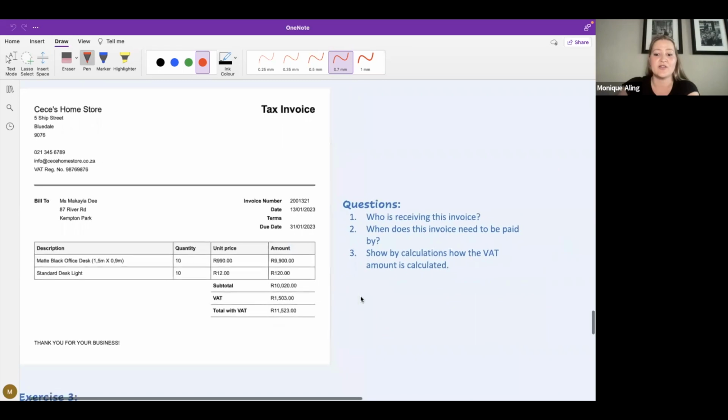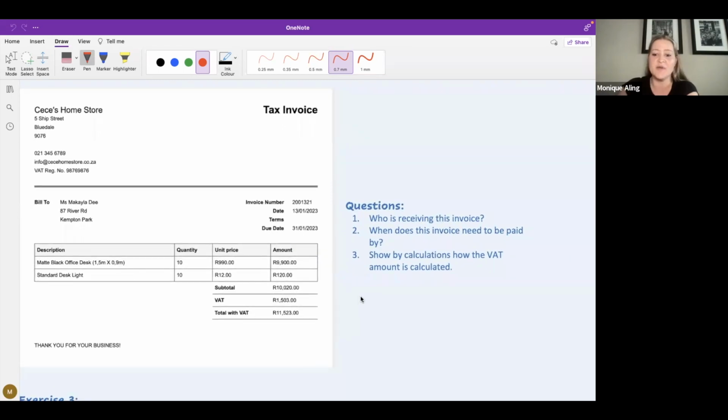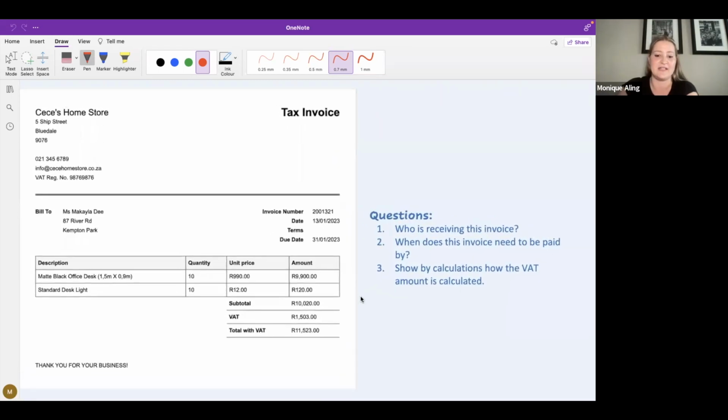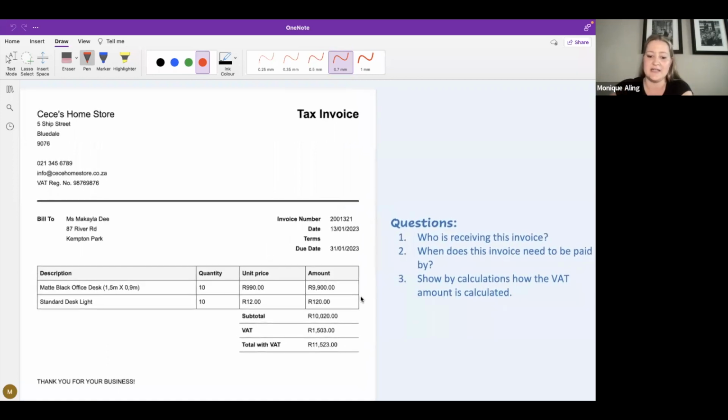Okay, so first question is, who is receiving this invoice? Yo, Ayabonga, you're on fire today. Nice, Valenta. Yes, Steffi. Okay, Miss Michaela D is the person receiving this invoice. Okay, we can see.